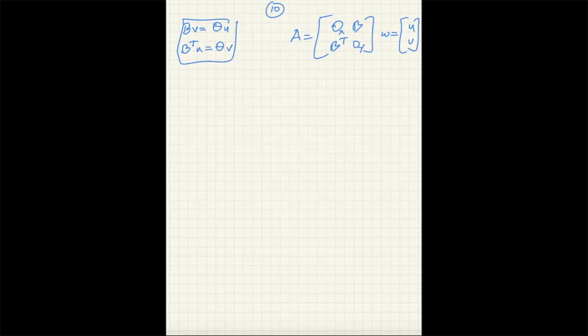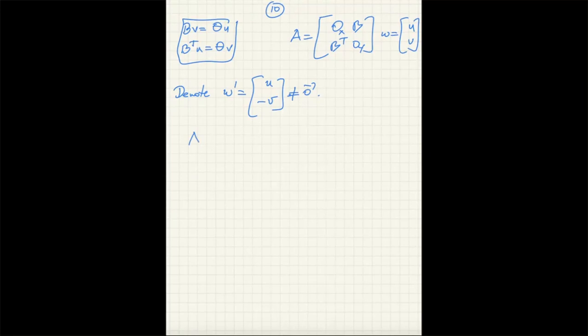Since we're looking for minus theta, let's denote W prime and try something of this form: U and minus V. This is definitely going to be a non-zero vector, because both U and V are non-zero.